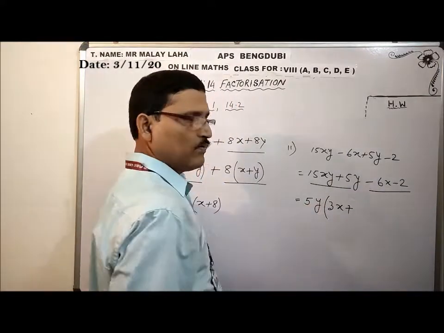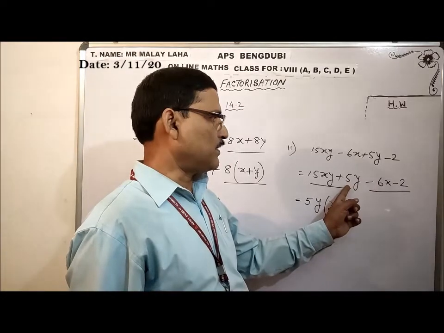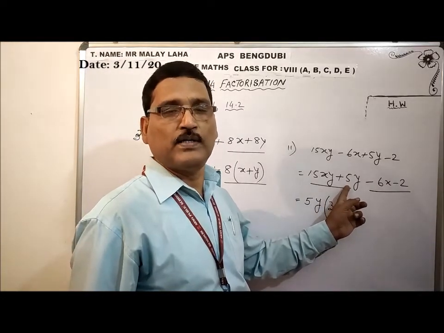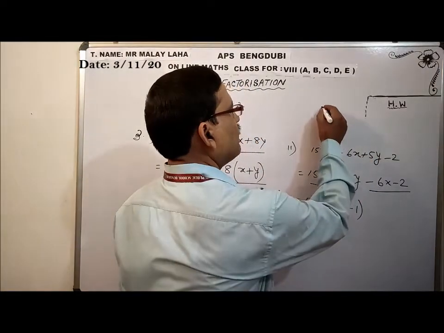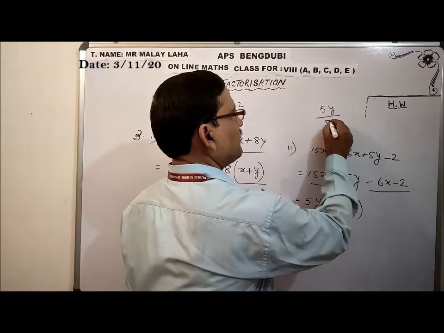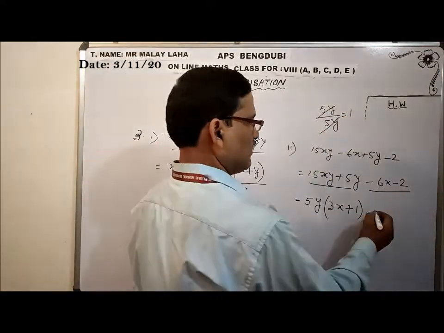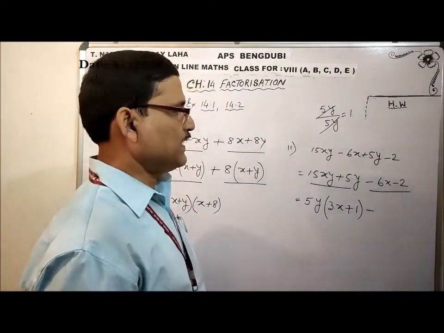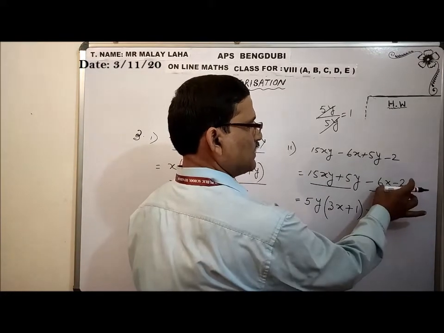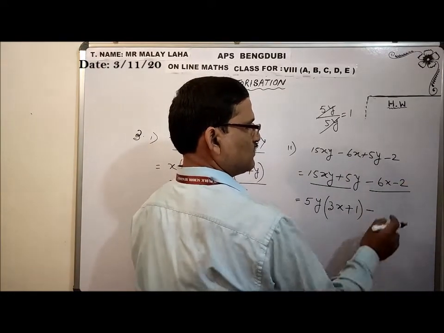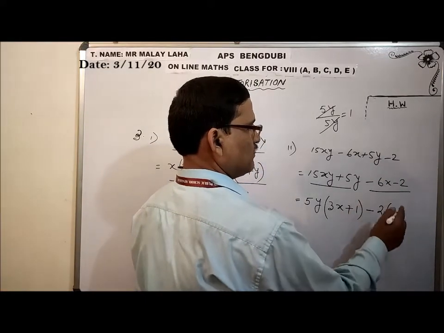You have taken 5y, what is left out? 5y divided by 5y equals 1, so 1 is left out. Then minus sign is there, minus; if plus sign is there, plus. What is the maximum common between the two terms 6x and 2? If I divide by 2, what is left out? 3x.